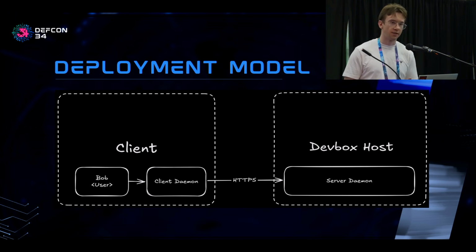Bob can access the client daemon, and the client daemon has configuration which knows how to contact the DevBox host. The DevBox host has a Workspace service daemon, which can receive a request for a new container, provision it locally, and then give back information about the container in order for the client to access it.